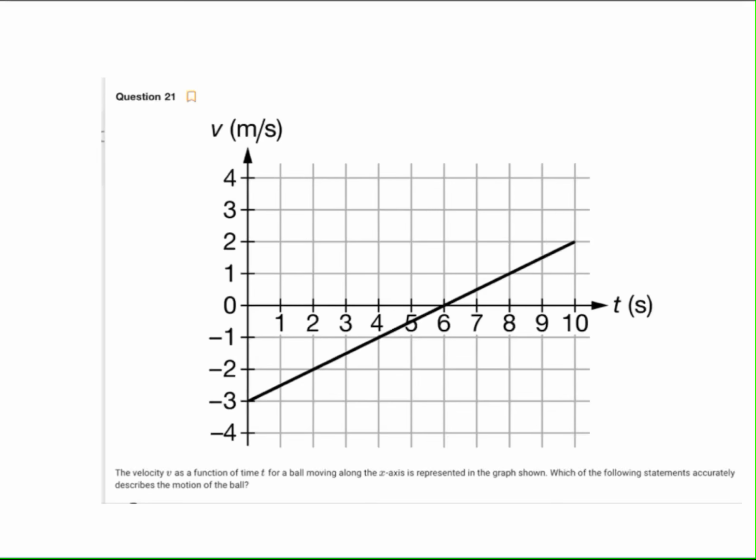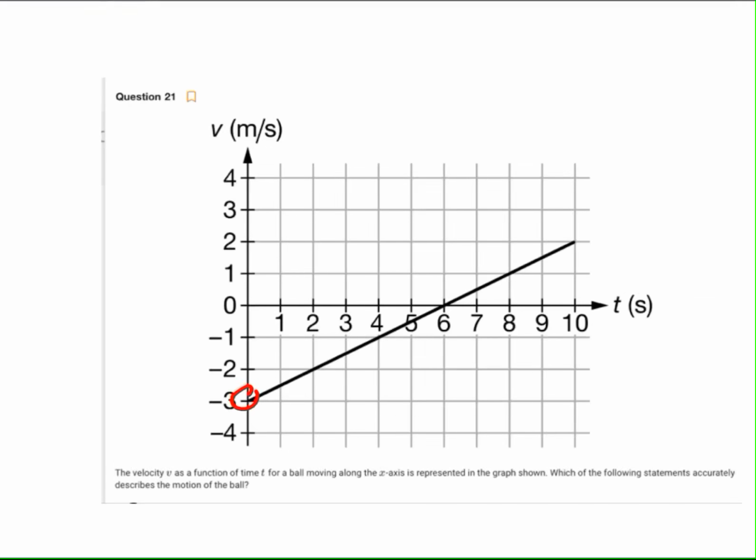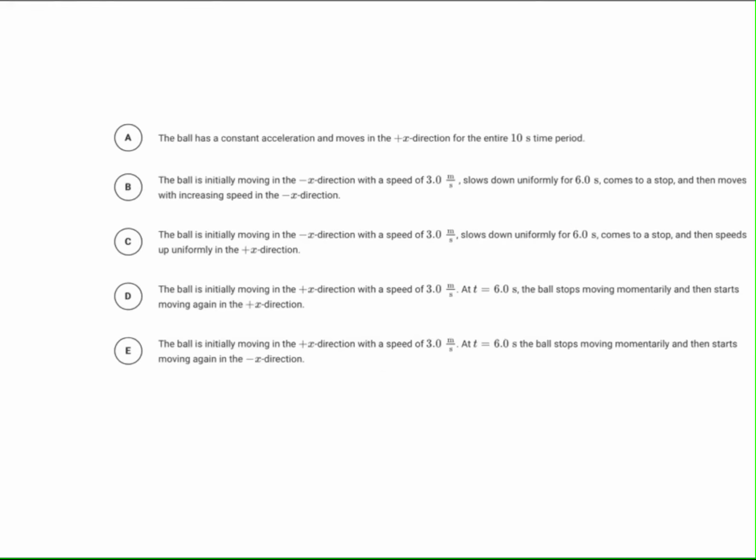So, check. It then says it slows down uniformly for 6 seconds, comes to a stop, and then moves with increasing speed in the negative x direction. So that's where B kind of starts to fall apart, because it slows down for 6 seconds till it gets to 0, but then it begins to move in the positive x direction.